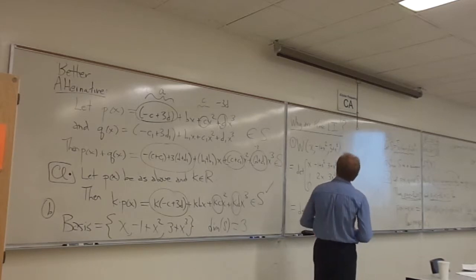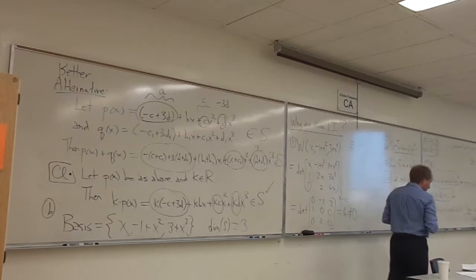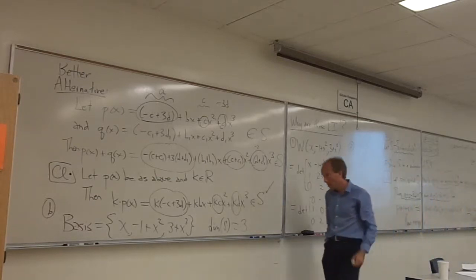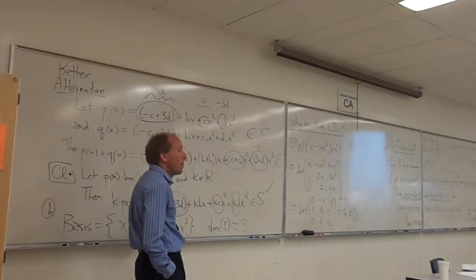So I gave one reason. Can anybody think of a second reason why the 3 polynomials over there are definitely linearly independent? You can put C1, C2, C3 in front of them, and then because it's x squared and x cubed, for that to equal 0, C1 and C2 and C3 must all equal 0.